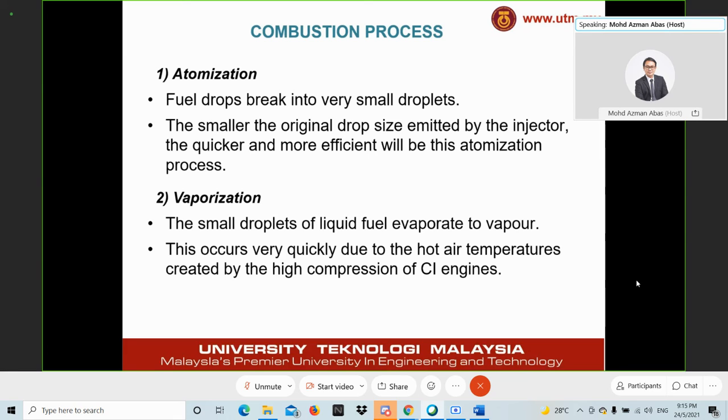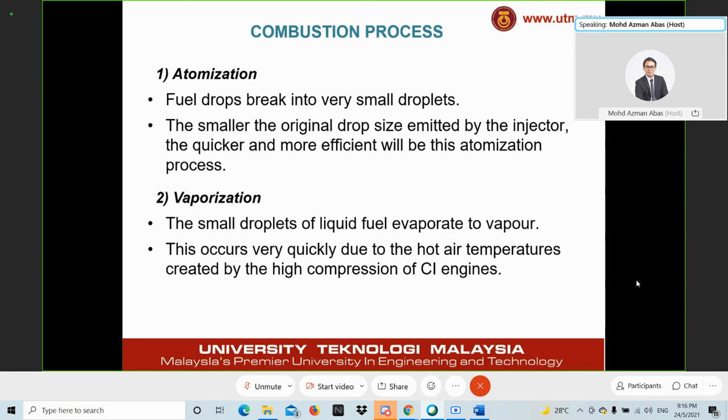Then is the vaporization. The small droplets that have been injected need to evaporate and mix with the air, because if it doesn't mix, then it's not efficient. This occurs very quickly as soon as the fuel is injected, due to the raised air temperature, raised because the pressure has already increased.